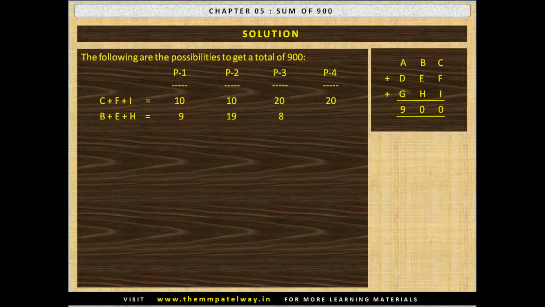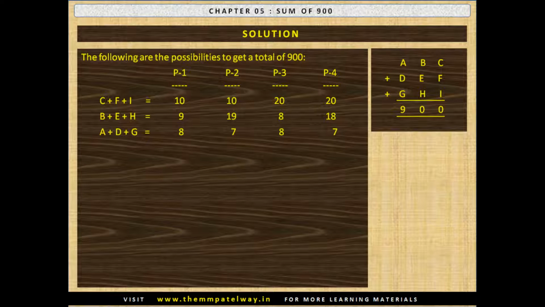The next column of 10th digit will be B plus E plus H. If the unit column gives us a total of 10, the 10th column will give us a total of either 9 or 19. And if the unit column gives us a total of 20, the 10th column will be either equal to 8 or 18. And therefore we have 4 basic possibilities.